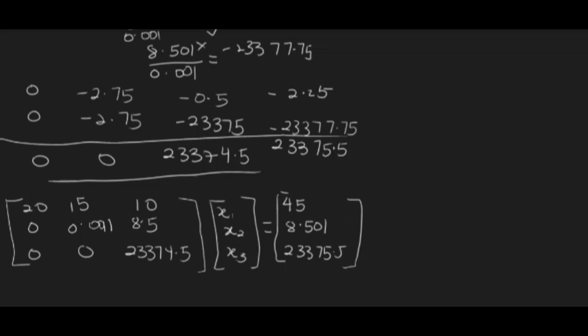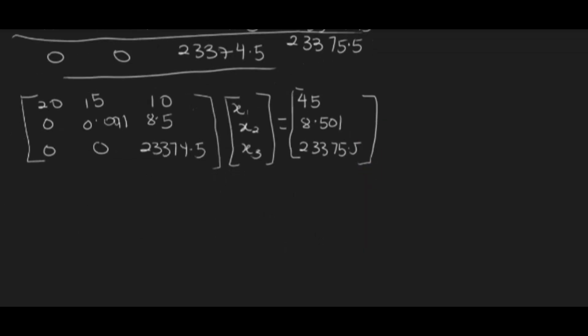So now we can finally say that we are done with our forward elimination, because this has become an upper triangular matrix. This is 0, this is 0, this is 0. So I hope you've understood how to convert it from the 3 by 3 to the upper triangular matrix. And at this point you can easily find your value for x3, and this is what we call the back substitution.